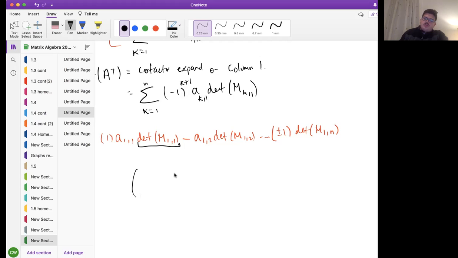So for example, if we have, let's do a 3 by 3. If n is even, then it would be a negative, right? If n is odd, then it'd be positive. Yeah, because they're adding 1.